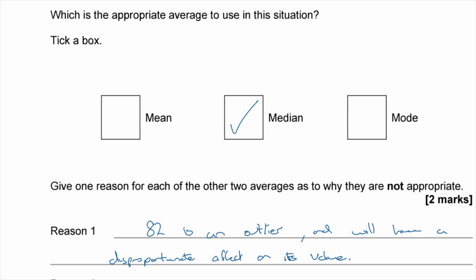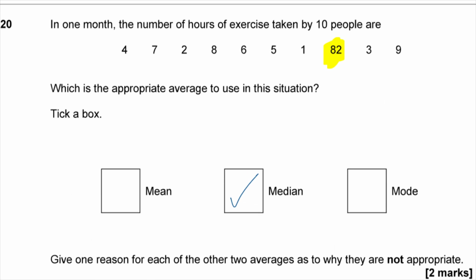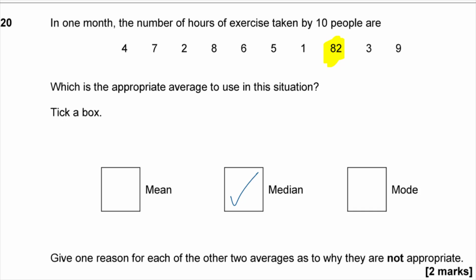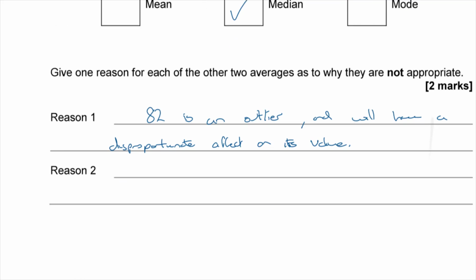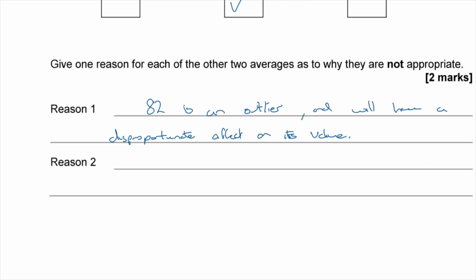Okay, so that's why I don't think the mean is appropriate. Now, I don't think the mode is appropriate because all the numbers are different. So if all the numbers are different, there is no mode. Oh, I forgot to say what that was.